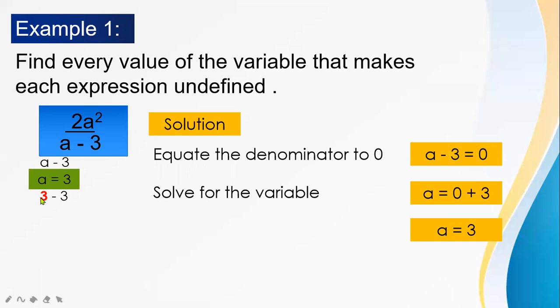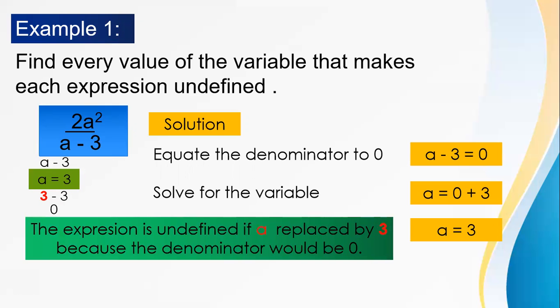So we have 3 minus 3. And therefore, the answer is 0. So ang ibig sabihin nun, the expression is undefined if a is replaced by 3 because the denominator would be 0. So kapag ginamit mo pala positive 3, magiging undefined yung expression mo. Why? Because the denominator is equal to 0.